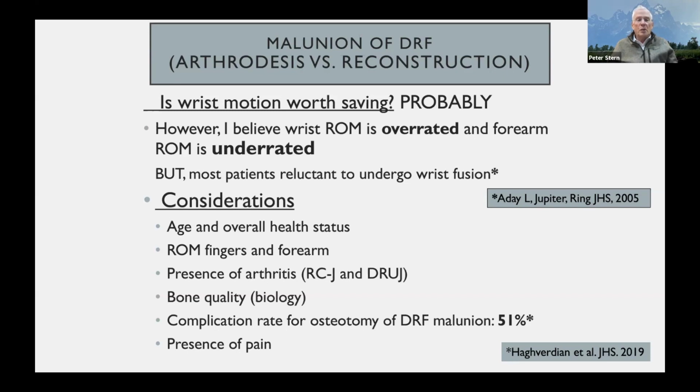As Jesse has pointed out, if you were to do something such as fuse a wrist, patients really don't like that. But I would again say that my single greatest goal in an acute distal radius fracture is preservation of digital motion and trying to maintain as much forearm range of motion as possible.